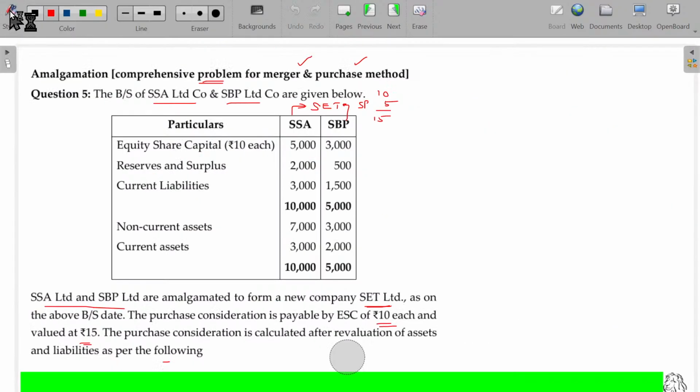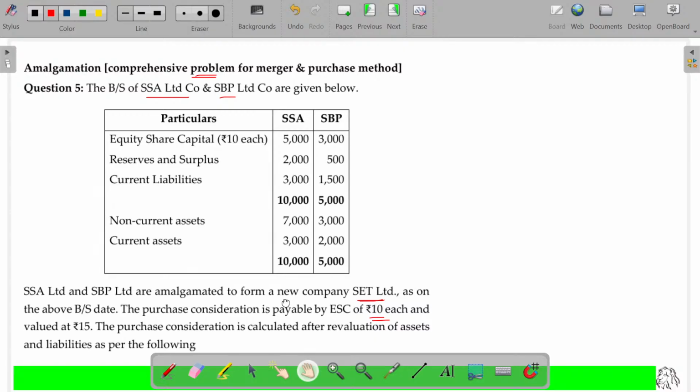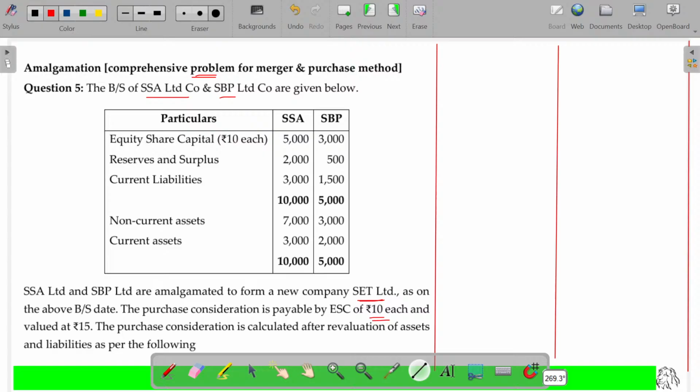Now we will be closing the books. First we will close the books by preparing the ledger account directly. So I will prepare ledger account for closing these books in columnar form, for SBB separately, for SSA separately. As this is an amalgamation, two companies are going to be closed.